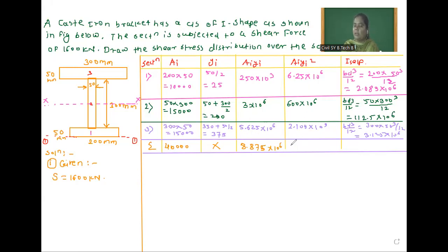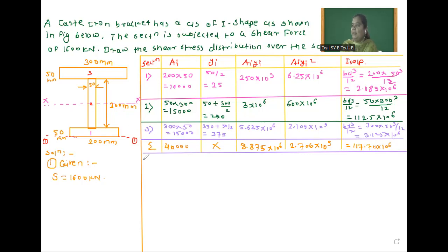After that, summation of AIYI square: 2.706 into 10 raised to 9. And after that, summation of I self, which is equal to 117.70 into 10 raised to 6.